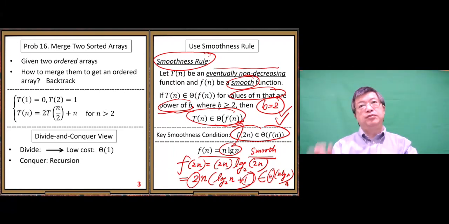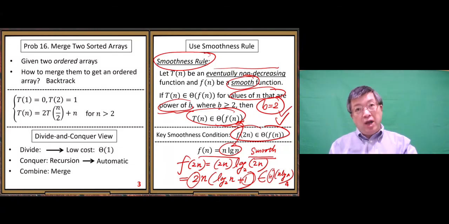The conquer step is just a recursion. We do not need to do any specific work, just call our original function recursively. That's automatic.